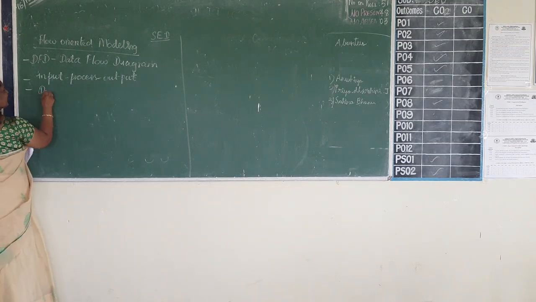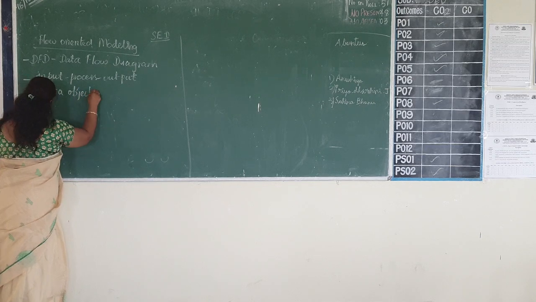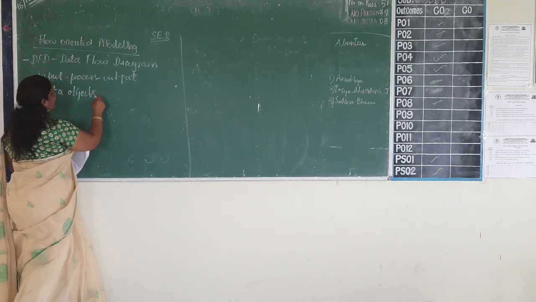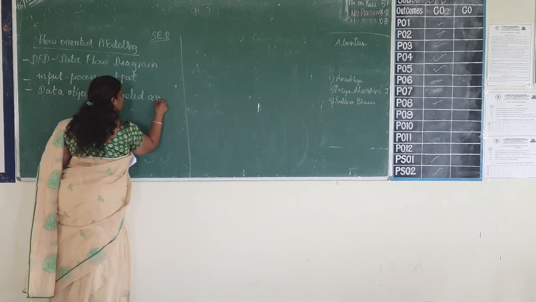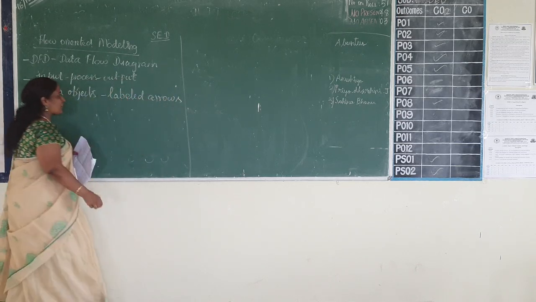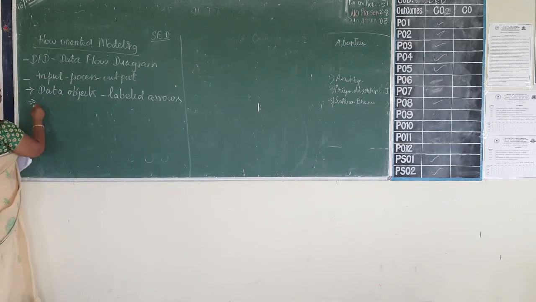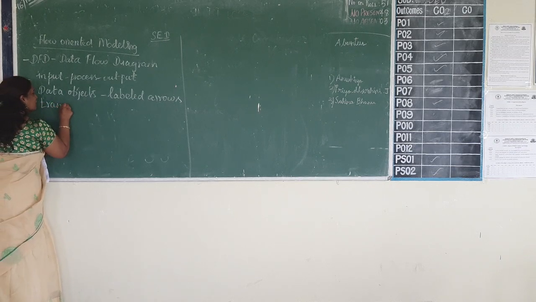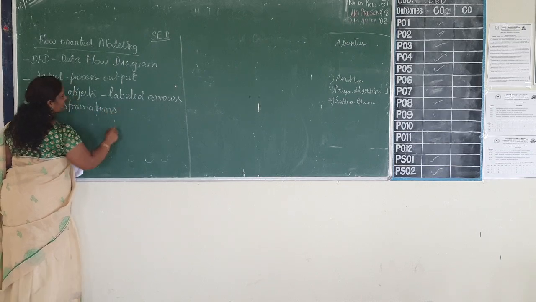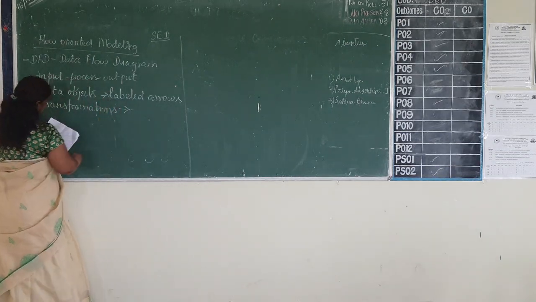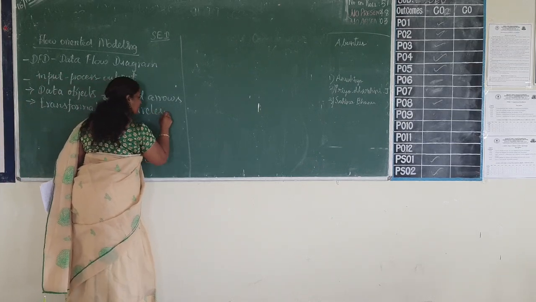So how are we going to draw the data flow diagram? Here two things will be represented: your data objects and the transformations. Data objects are represented by labeled arrows, and the transformations are represented by circles.